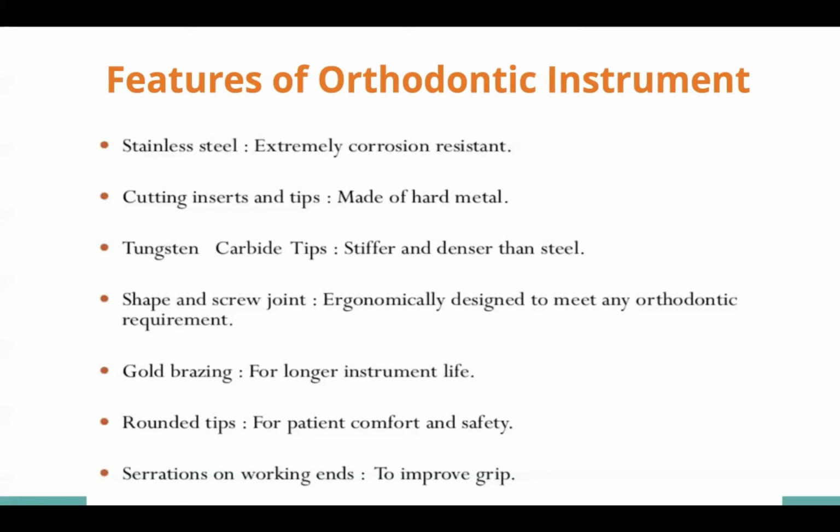They have a better grip, and I would prefer that you buy one set which is very good in technology with the tungsten carbide tip, and the other set you can have as a regular instrument. So you get a feel and a grip of what difference it makes, because if you get the instrument with the tungsten carbide tip, the grip is very good.